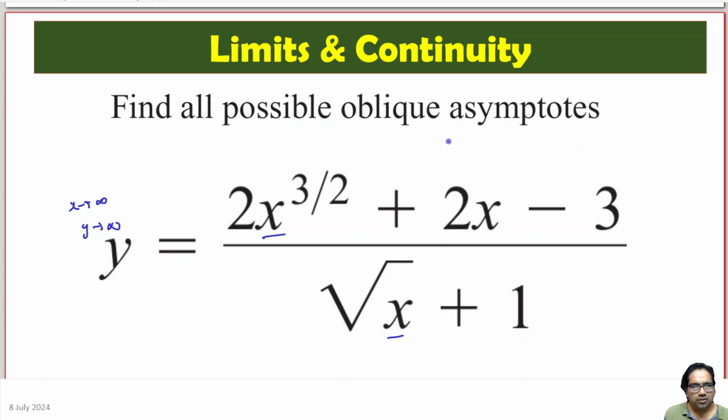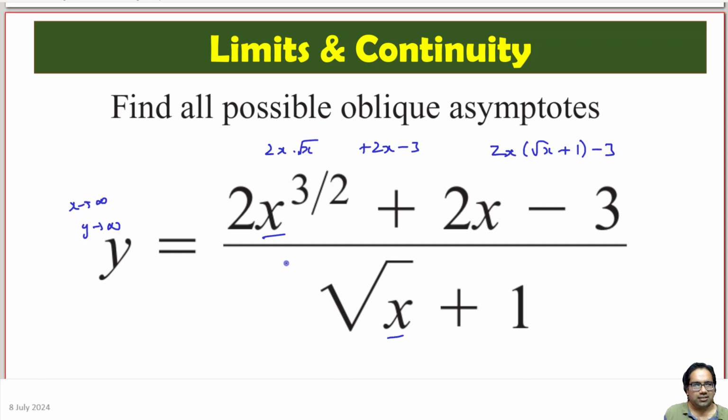So we can write this x^(3/2). What is this? This is actually 2x into x^(1/2), which is nothing but 2x root x, plus 2x minus 3. This numerator is nothing but 2x times root x plus 1 minus 3.